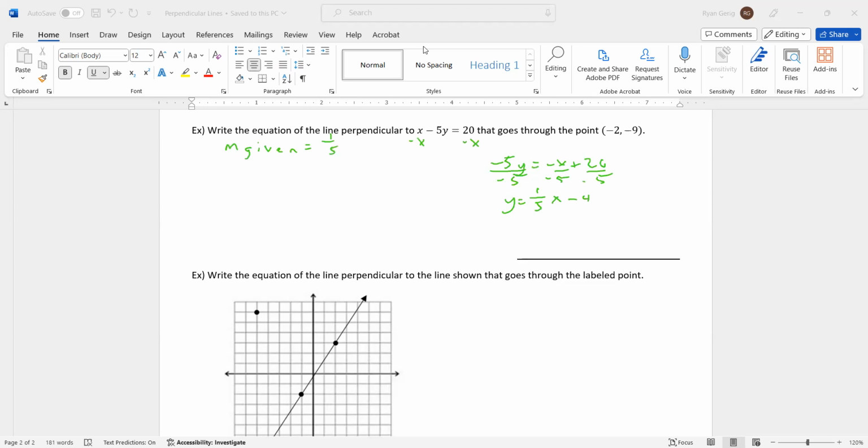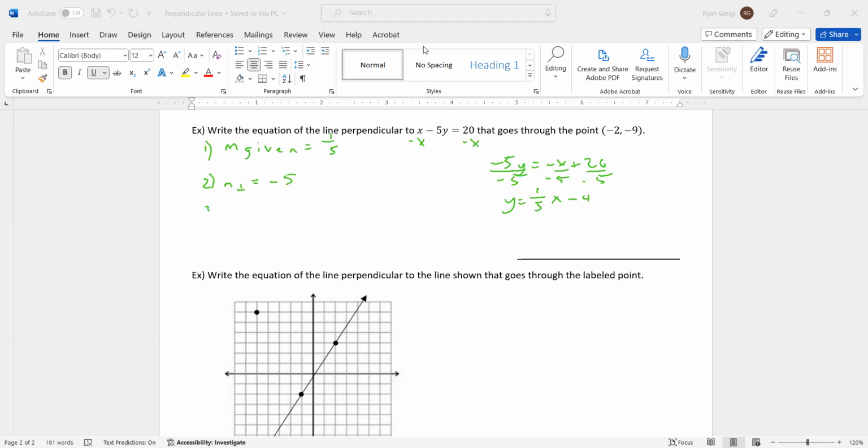Don't fall for the trap of saying, oh, I just did some work, that's the slope I'm using. No, it is not. That's the first step. The second step is I need the perpendicular slope. I like to flip the fraction first. So 1/5 becomes 5/1 and then do the opposite sign. So it's positive, it needs to be negative 5. That's the slope I'm using.